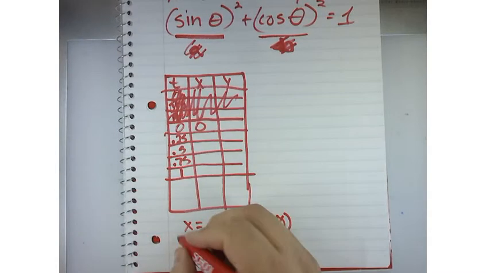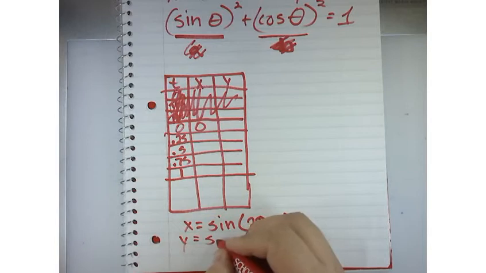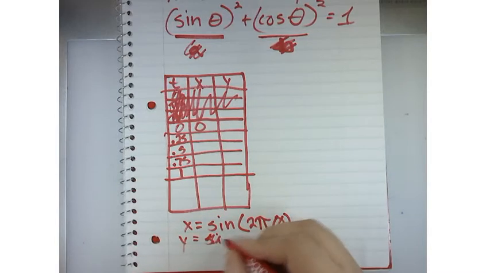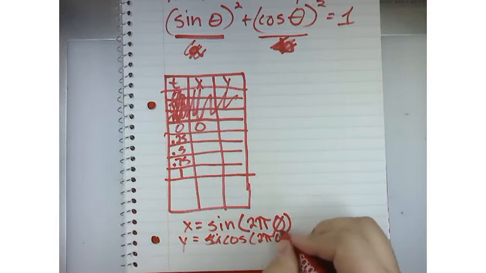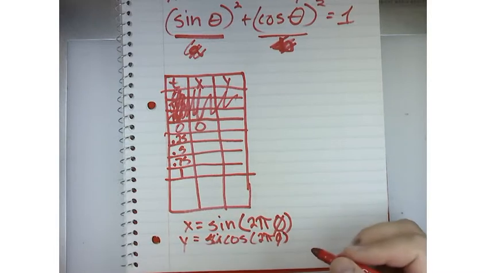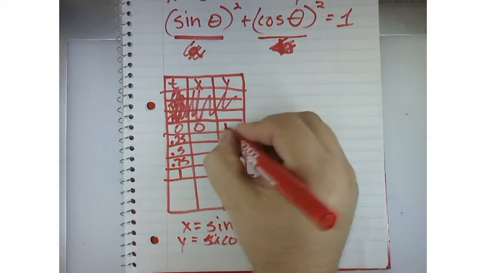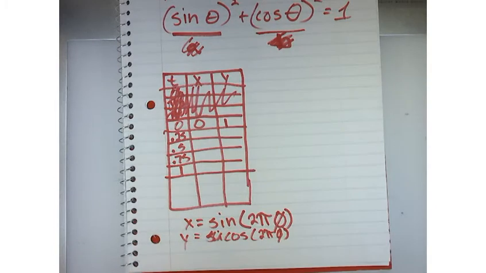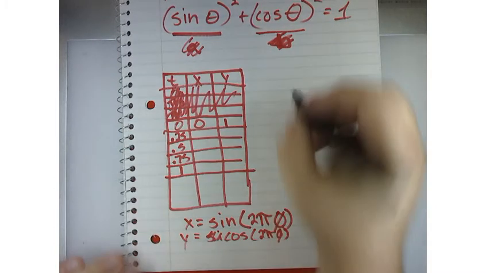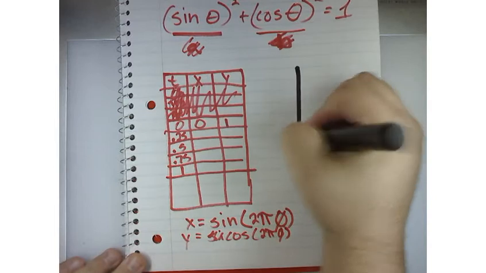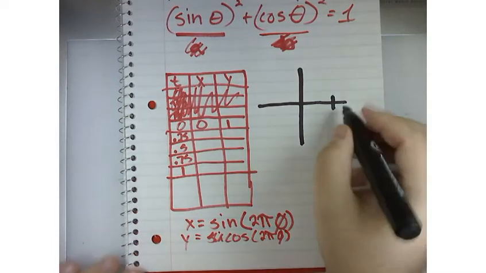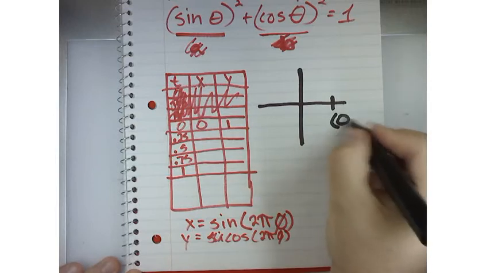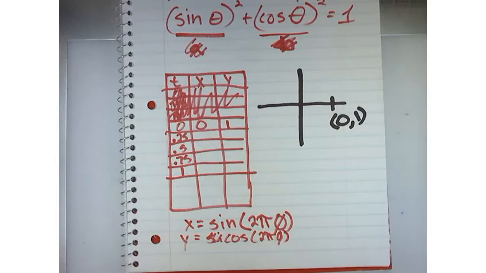Now for the y value, cosine of 2 pi times 0. What's cosine of 0? 1. So now I'm going to graph this. If it's a circle, I really don't need to go any further. If it's a circle and it has the point (0, 1), what's the radius?